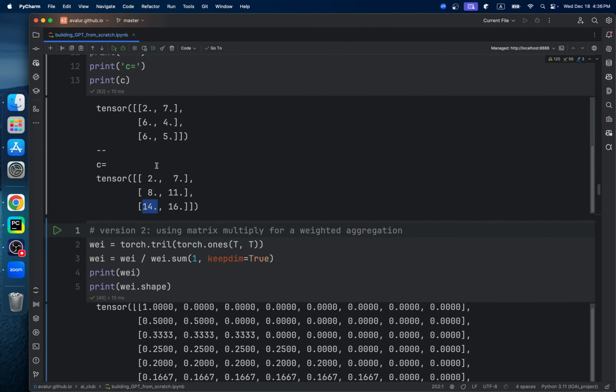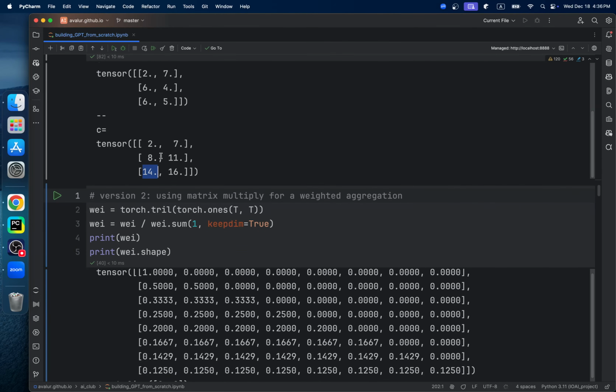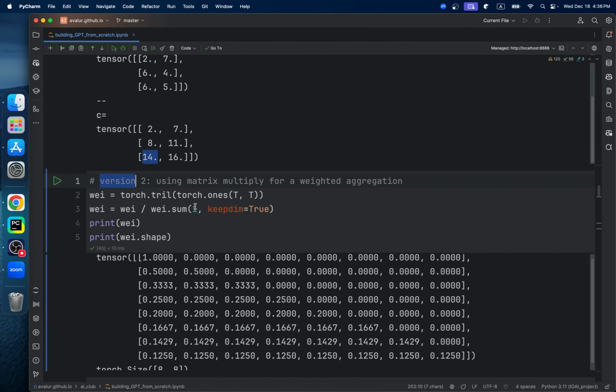So it is almost averaging, but to perform averaging, this is the second step in our mathematical trick, we simply need to normalize the lower triangular matrix consisting of ones.